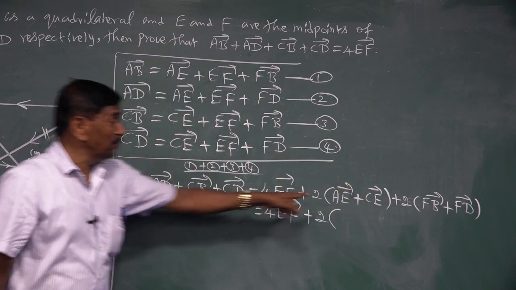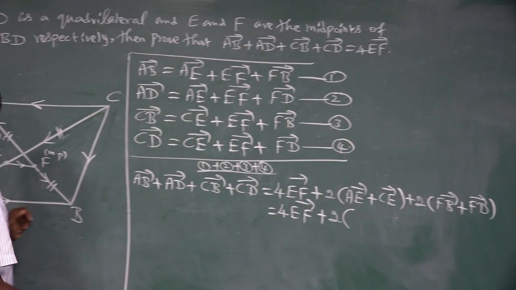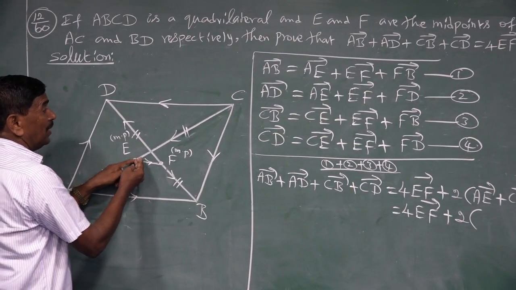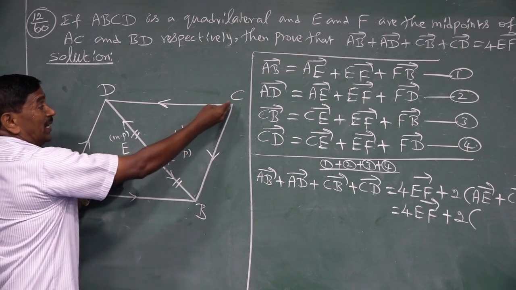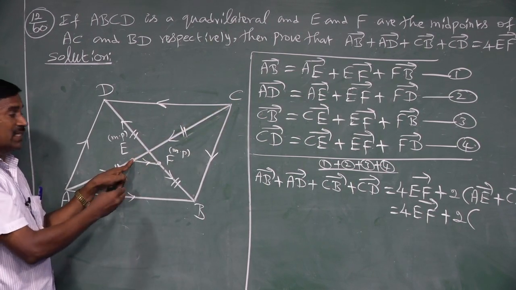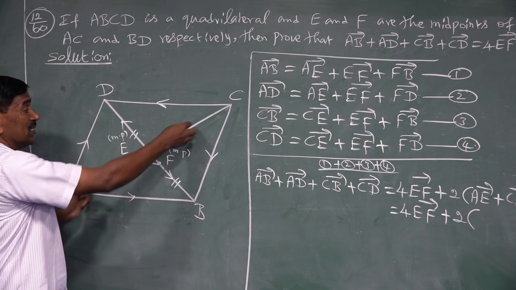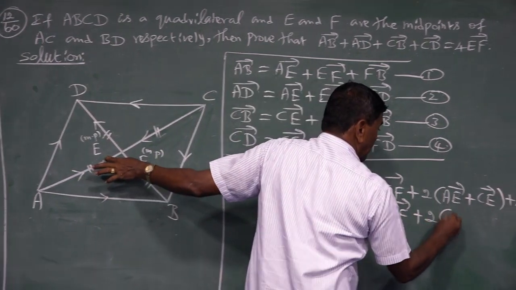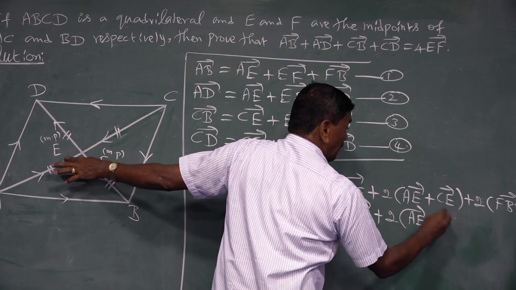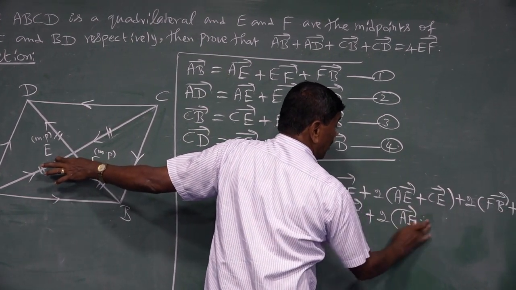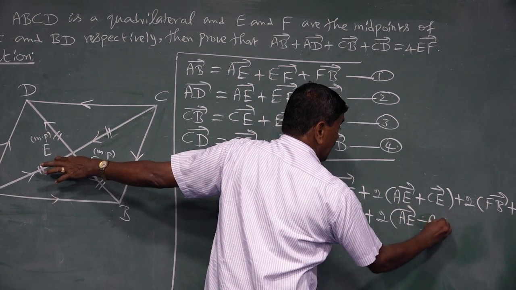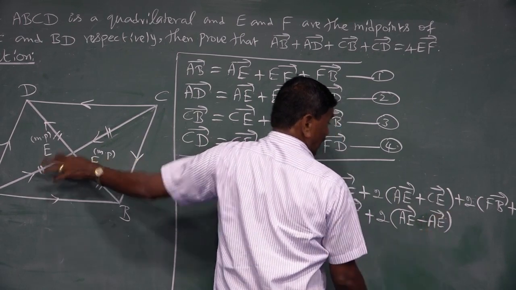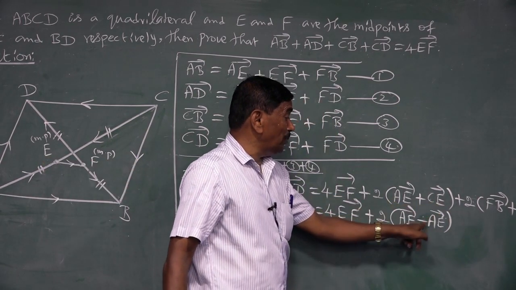From the diagram, AE vector plus CE vector. Here CE vector is equal to minus AE vector, because equal in magnitude, opposite in direction. So AE vector fixed, plus CE vector equal to minus AE vector.